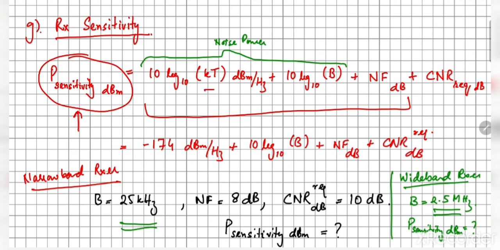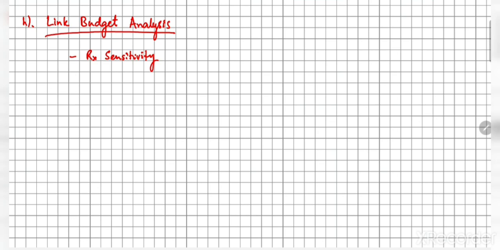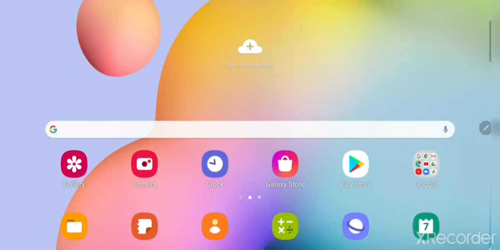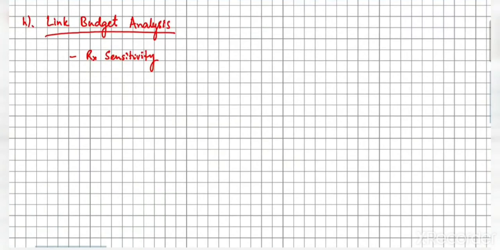The link budget analysis takes into account the receiver sensitivity that we just defined, and the receiver sensitivity in itself took into account the temperature of the device, the bandwidth of the channel, the noise figure of the receiver, and the CNR required. So all these components have been discussed in today's lecture. The receiver sensitivity, then it takes into account the transmit power and antenna gains.